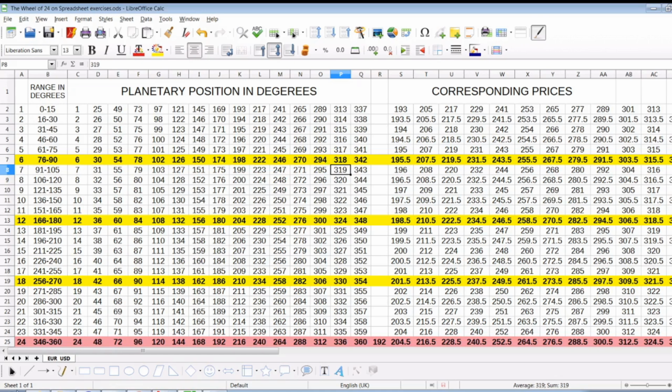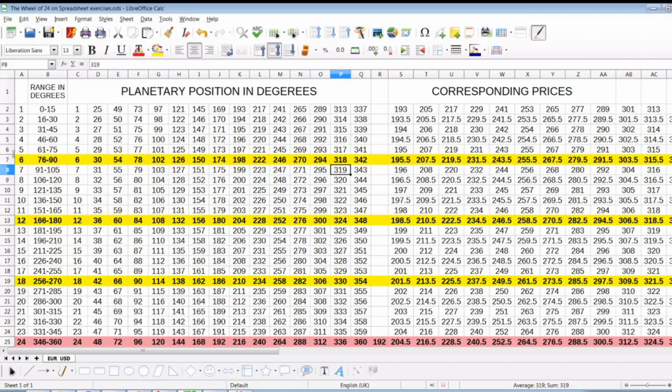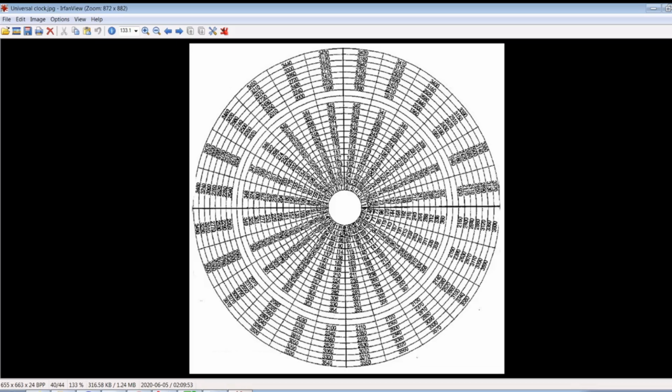Let me show it on the circle. I'm showing the circle right now. Here we go. So this line represents the sixth section of the wheel. So it's 1, 2, 3, 4, 5, the sixth section, which begins from 76 degree, ending at 90 degree.